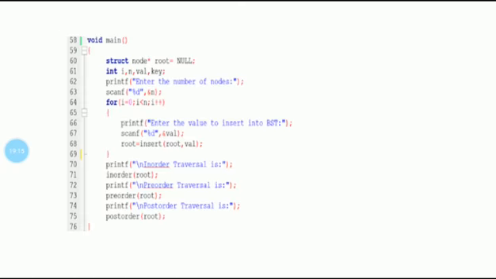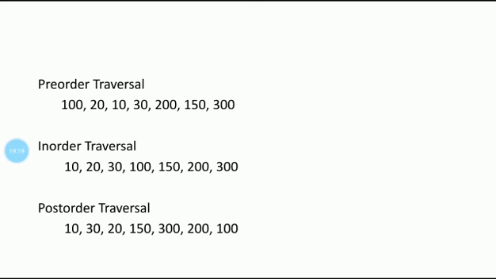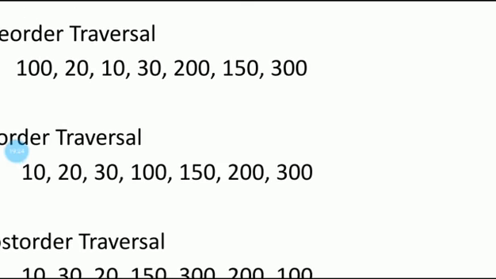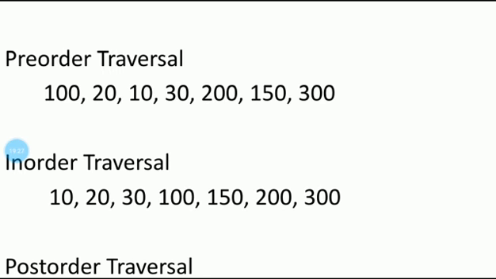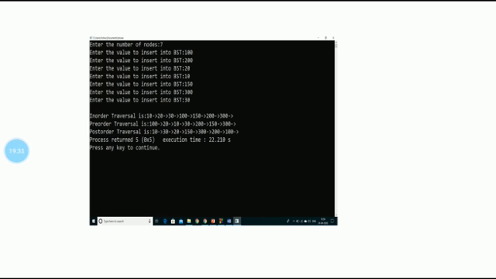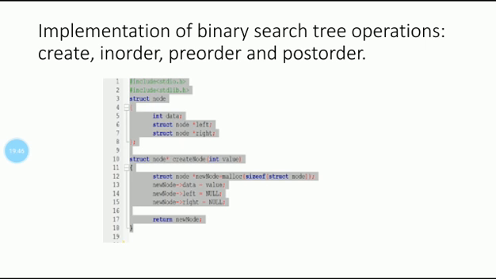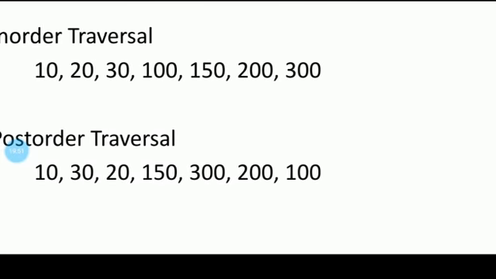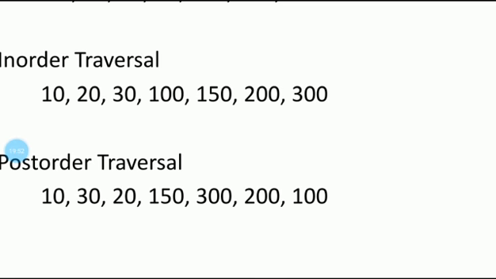For post-order traversal also we got the same answer as we did in the example, that is 10, 30, 20, 150, 300, 200, 100.